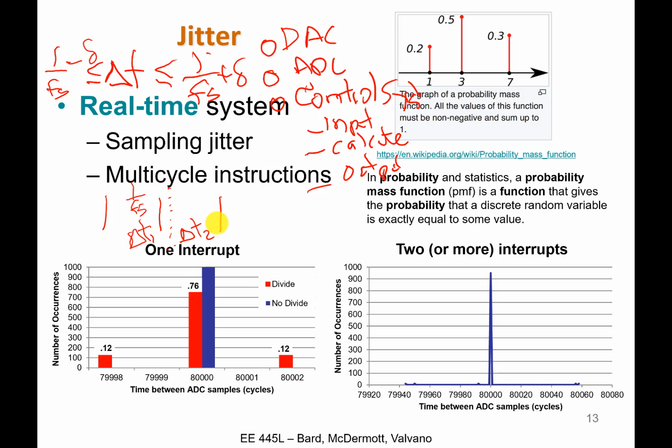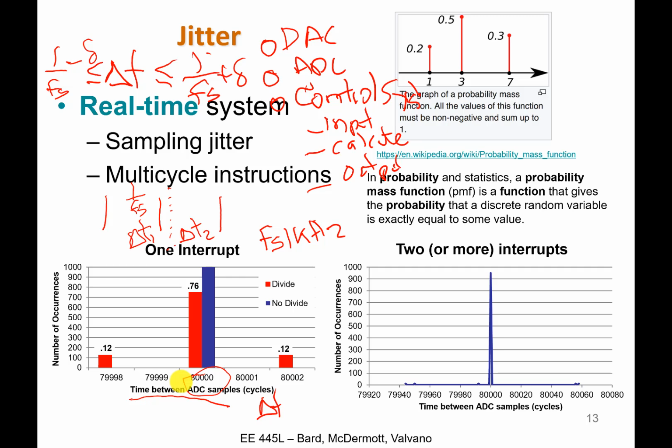And that's what's illustrated here in these two pictures, and that is the time between interrupts. In this case, my sampling rate is 1 kilohertz, so I'm expecting exactly 80,000 bus cycles between the triggering of the sampling on the ADC.